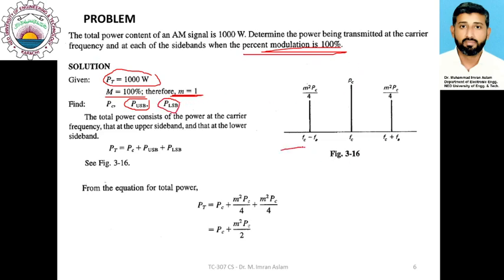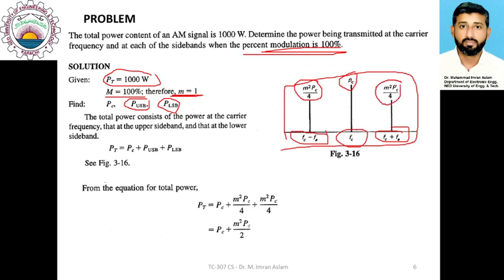This is the graphical illustration here. The upper sideband and lower sideband are present at Fc plus Fa and Fc minus Fa, and the carrier power is at Fc. So carrier power is given by this expression Pc. The sideband powers are both mu square Pc by 4.